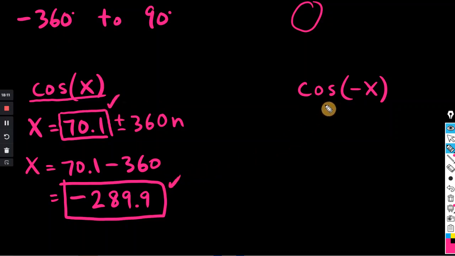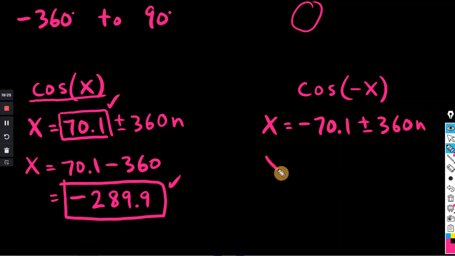And now for cosine of negative x, we're going to take the negative of the original. So that's going to be negative 70.1 and add or subtract multiples of 360. All right, if we take negative 70 and subtract 360, it'll be less than negative 360. So I am going to add 360.